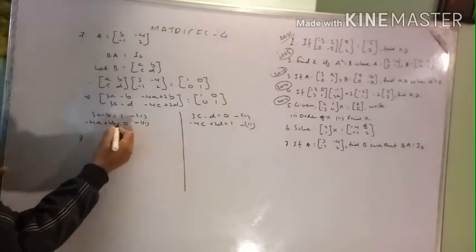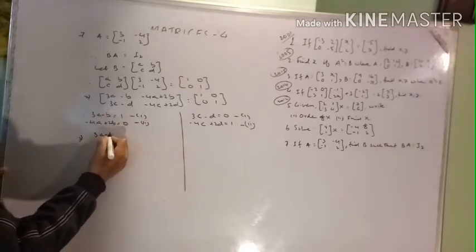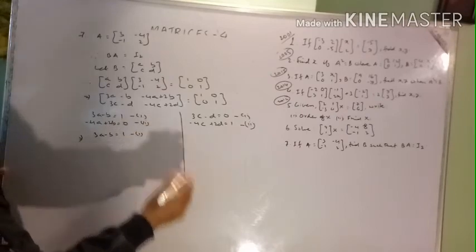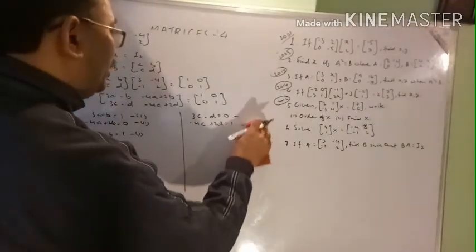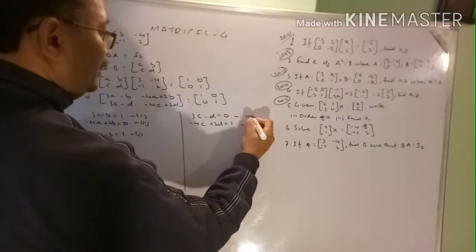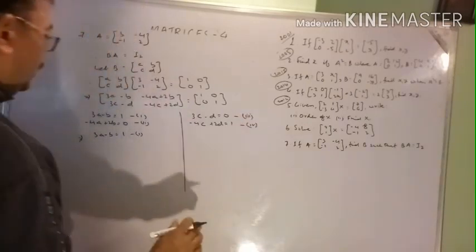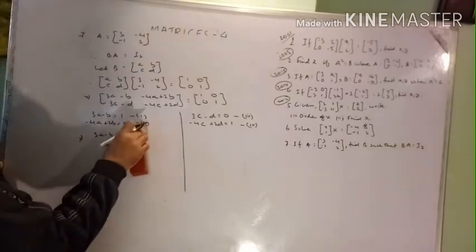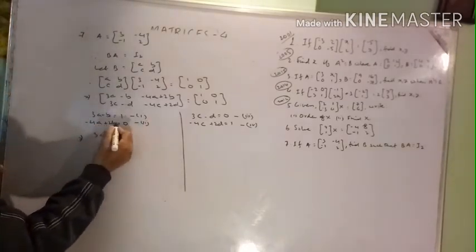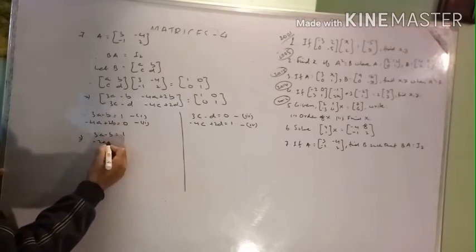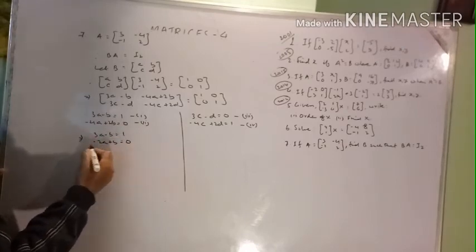Okay, so we get 3A minus B equal to 1, equation 1. So divide equation 2 by 2, so you get -2A plus B equal to 0.